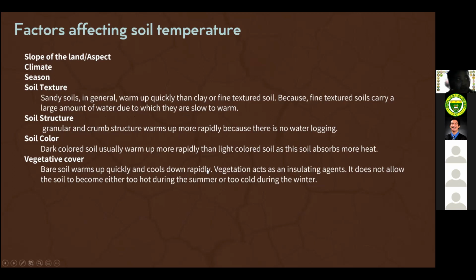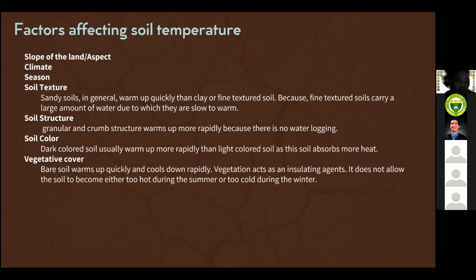So pagka bare yung soil natin, madaling magbago yung temperature ng soil natin. So kapag sobrang mainit due to sun, tataas agad yung temperature ng soil natin. So biglang pag umulan naman or lumamig, bababa agad yung temperature ng soil natin.